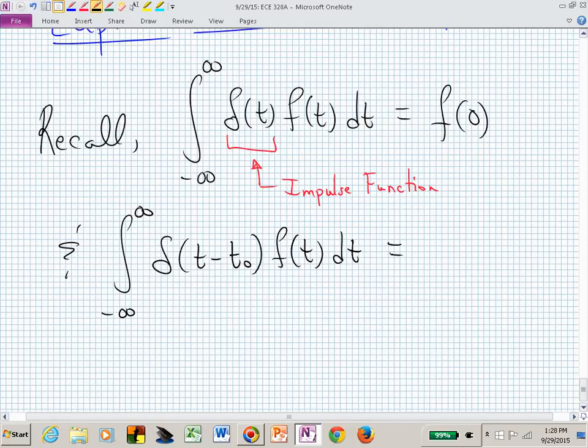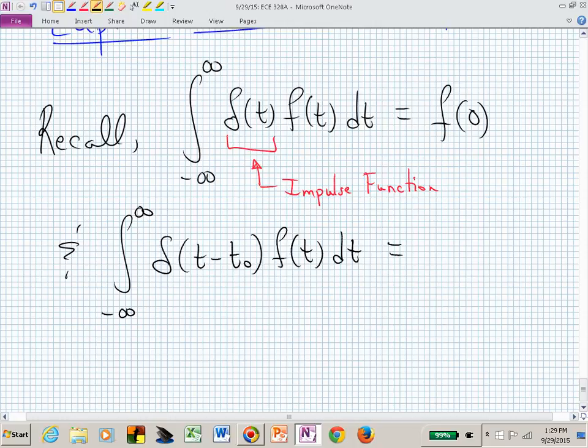When is that impulse active? When is it non-zero? When its argument is 0. And when is the argument of that impulse 0? When t minus t naught is 0, or when t is equal to t naught.